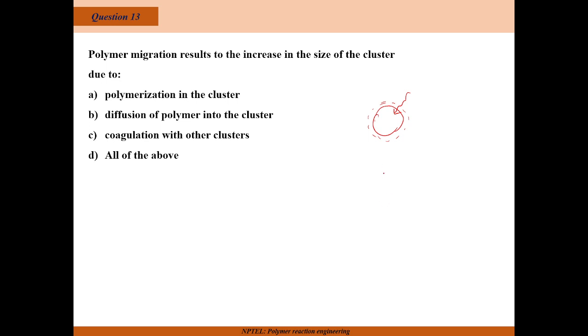Polymerization within the cluster can increase its size, and so can coagulation with other clusters. We have multiple clusters and they combine together to form a bigger cluster. That is also possible. So all of the above can be a correct option. The answer to this question is option D, all of the above.